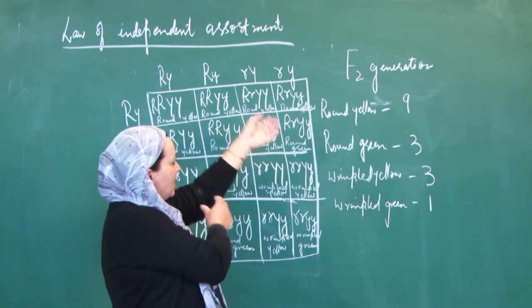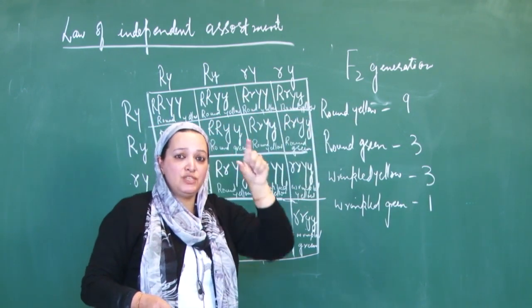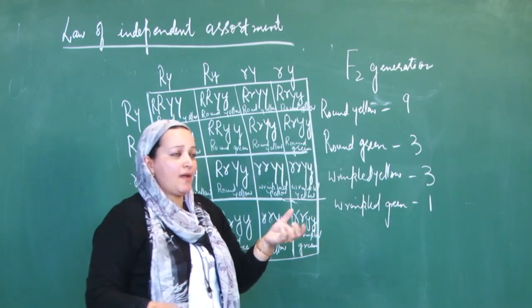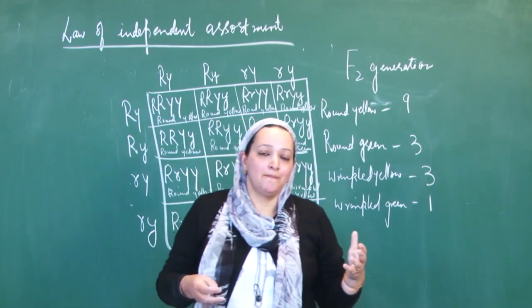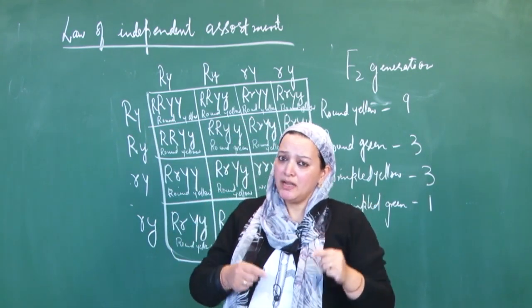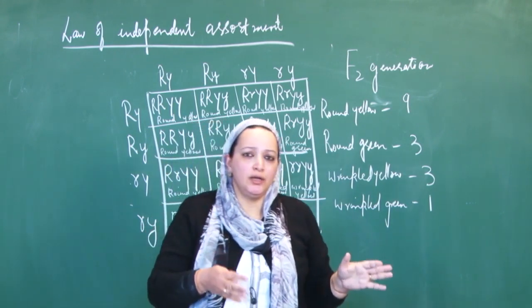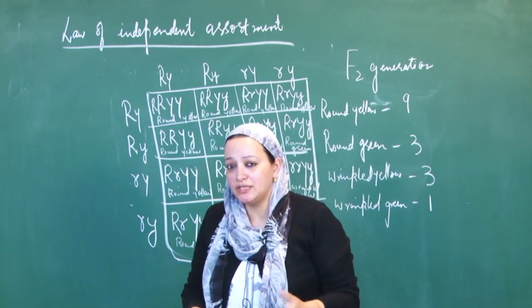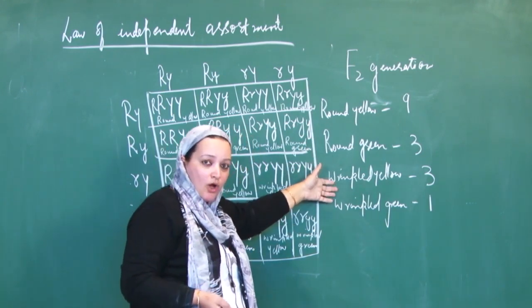In the parental generation, we had a pea plant with round and yellow seeds, and a pea plant with wrinkled and green seeds. In F1 generation, again we had the same combination, but in a heterozygous condition. But in F2 generation, we got the new combination.